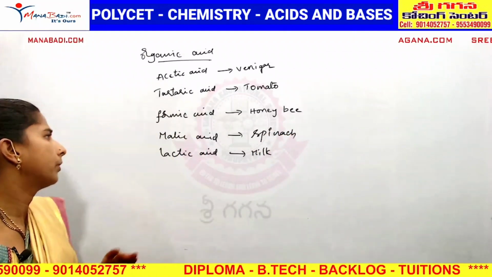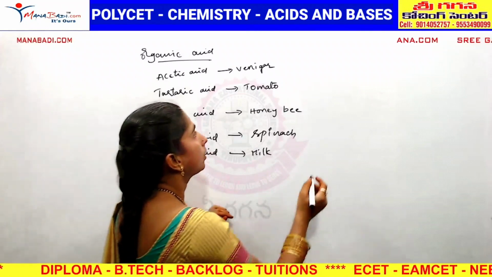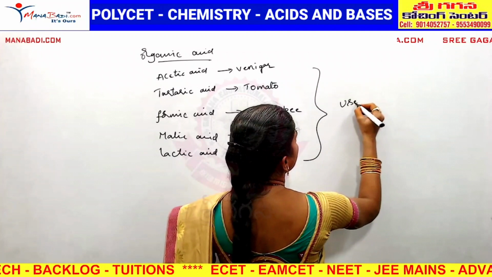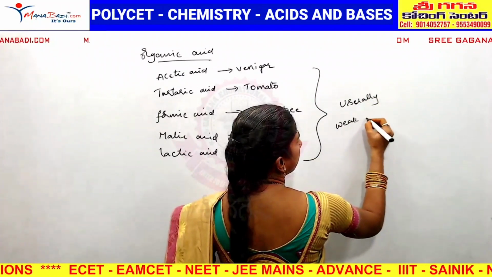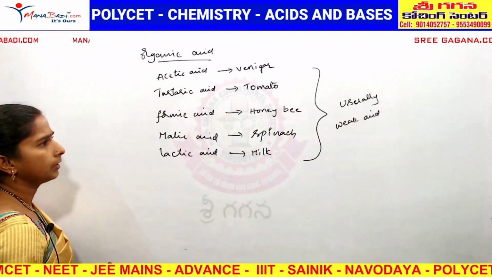So these types of acids are organic acids, and organic acids are usually weak acids.